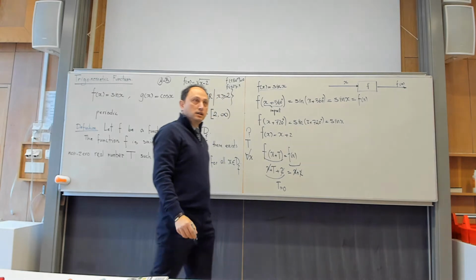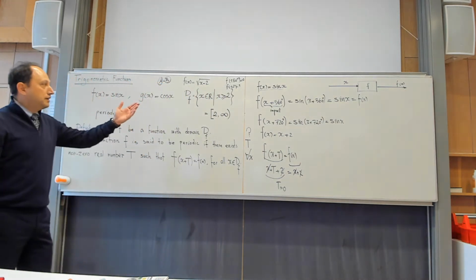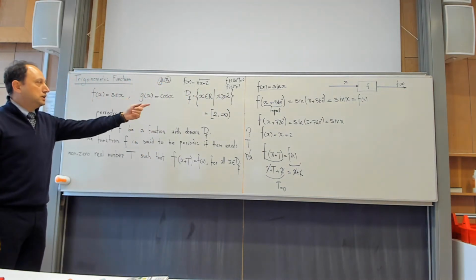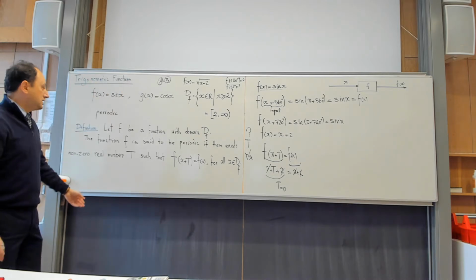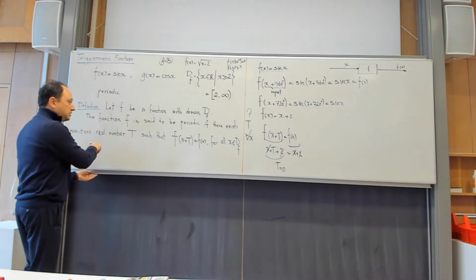Okay? So this is why you see that if a function is periodic, you don't need to find one single value that has that property. This is why I continue this definition.